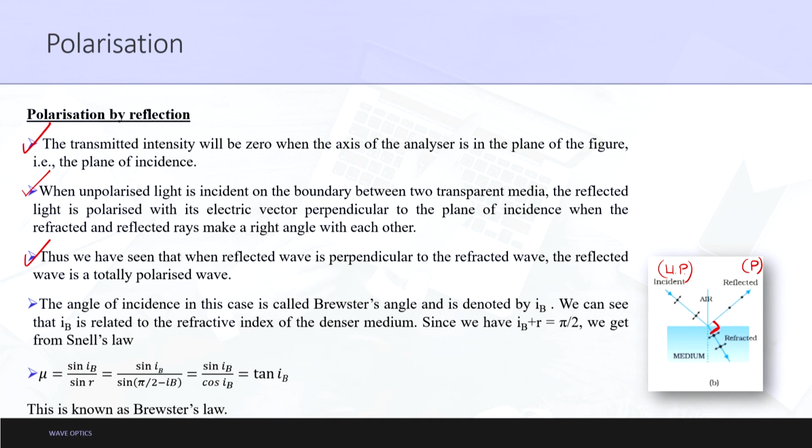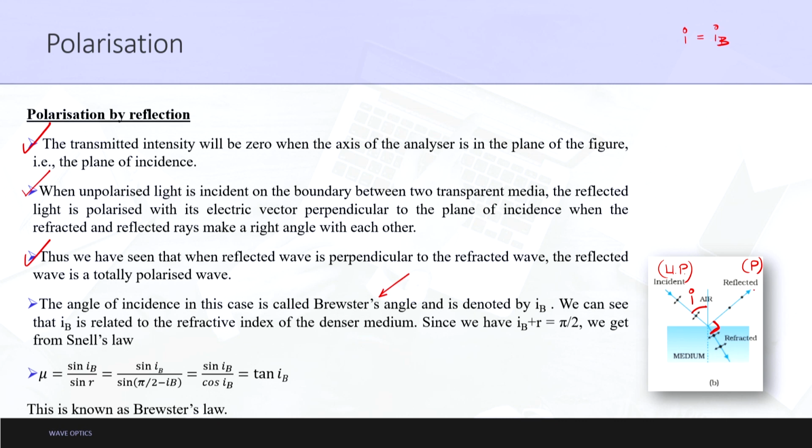So, the angle of incidence in this case is called Brewster's angle. If I write it for now, let the angle of incidence be I here. Please remember this, because it can be very important from your examination point of view, and it is denoted by IB. So I am writing that I is equal to IB.